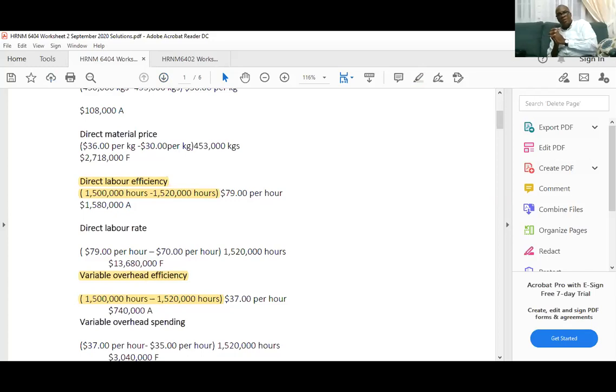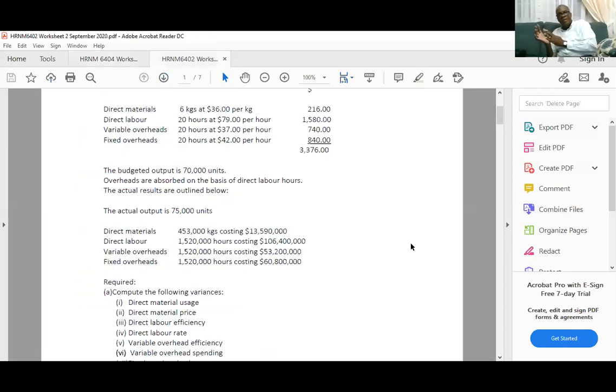Now, what it's also saying is that when overheads are absorbed on the basis of direct labor hours, it means that your environment is labor intensive. So let me ask you a question arising from that. We're departing from the variances for a while. When you're highly labor intensive, do you think that you have the best levels of efficiency? No, sir. Your costs are going to be high.